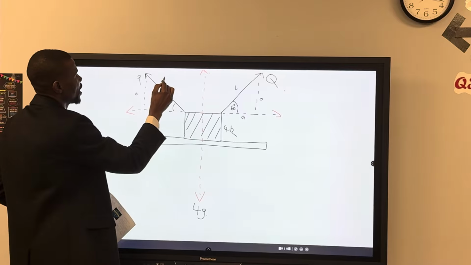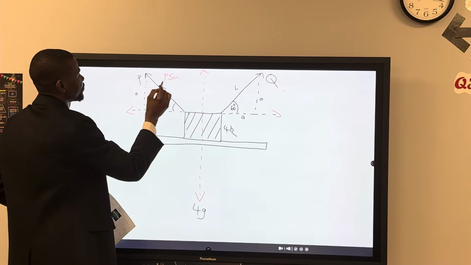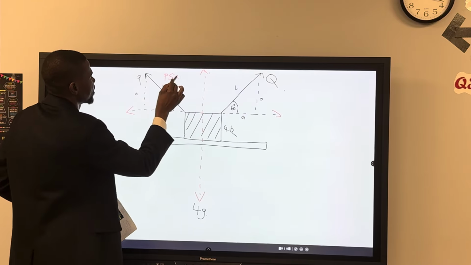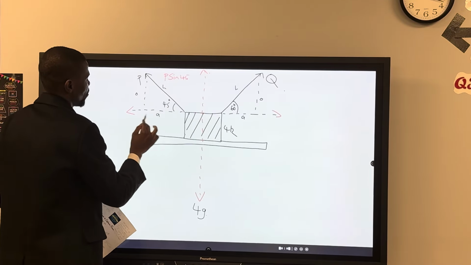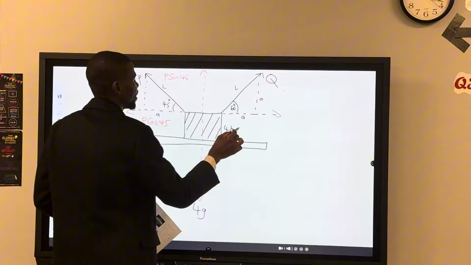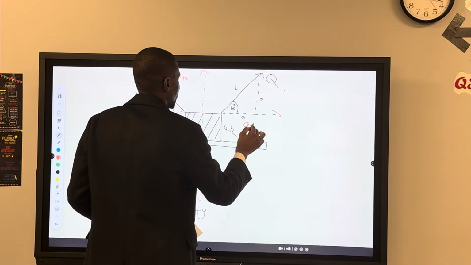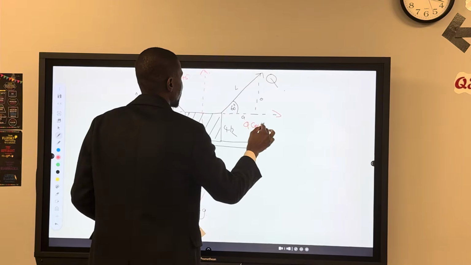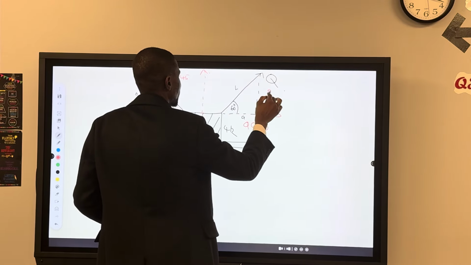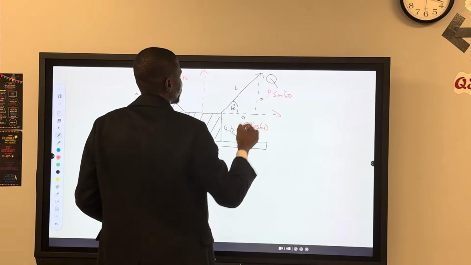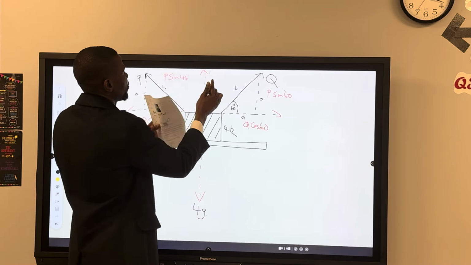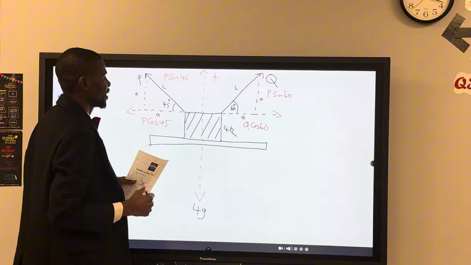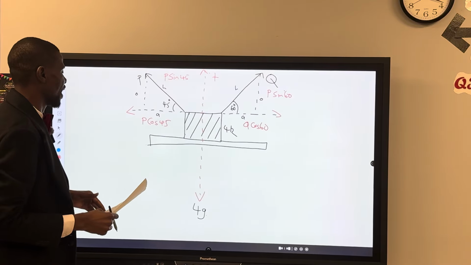So it will be P sine 45 degrees, right? If we do it horizontally, it's going to be P cos 45. And here it's Q cos 60. And here it's Q sine 60, right? So these two forces, we are going to add them together, right? So I think we are done there.